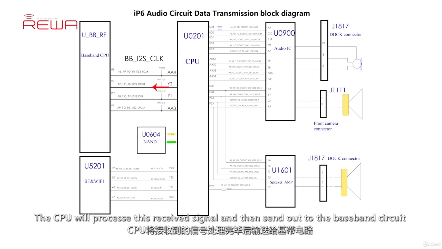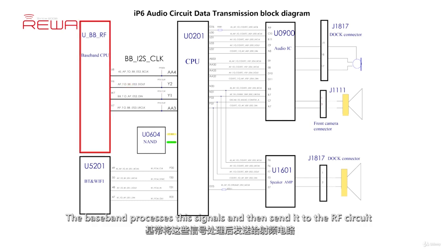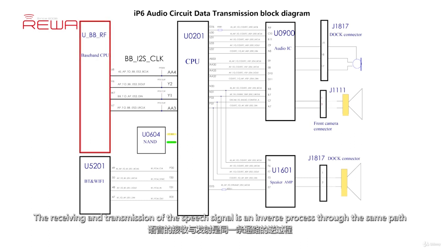The CPU will process this received signal and then send out to the baseband circuit. The baseband processes these signals and then sends it to RF circuit. The RF circuit processes it and then sends it out via antenna circuit. The receiving and transmission of the speech signal is an inverse process through the same path.